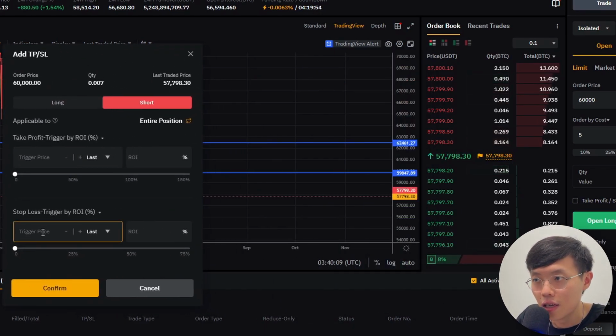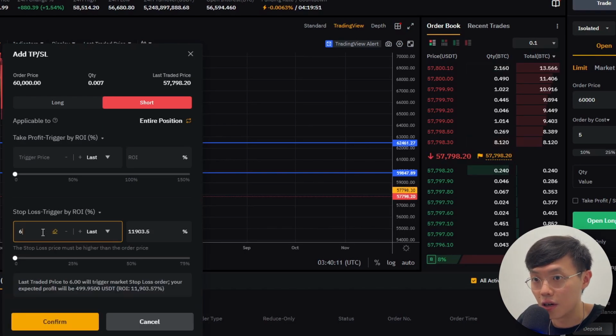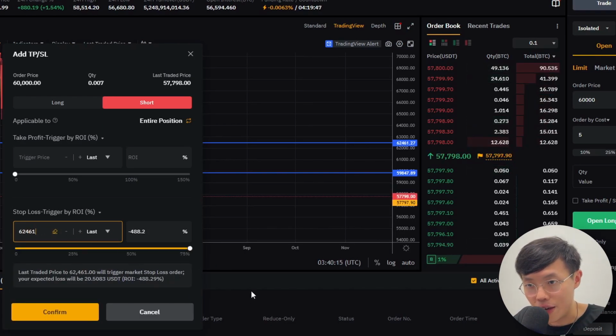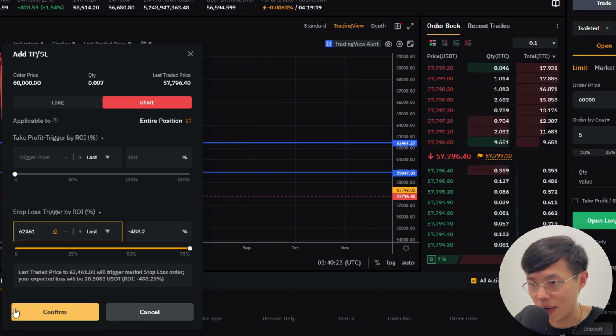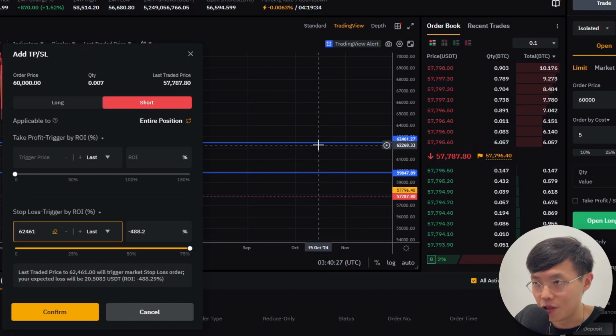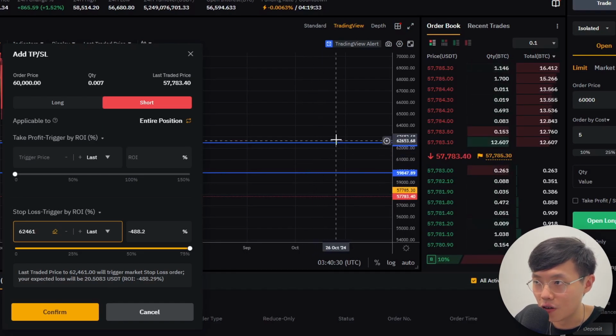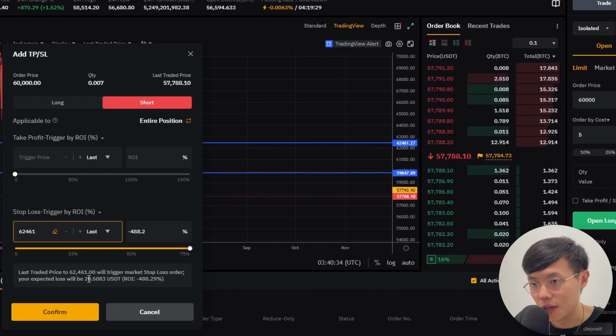Let's say I want to have 62, right? 62 or 461, right? If you can see here, this is where the isolated margin is a bit tricky. Right now, your expected loss is more than your original SL, which is not what we want, right? We just want the limit as 5.